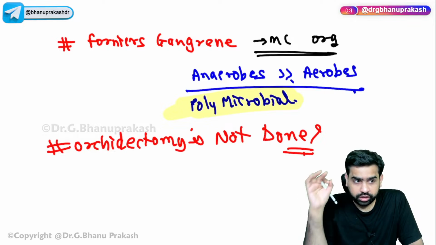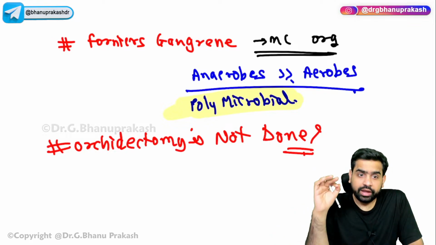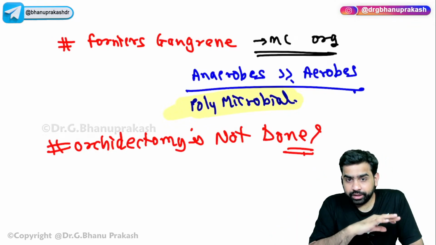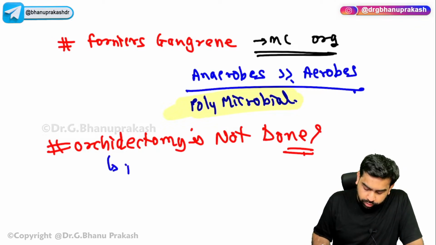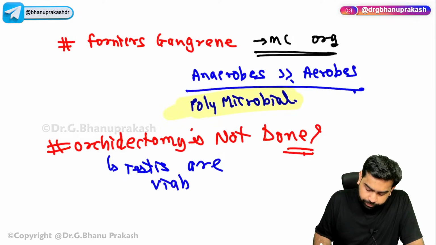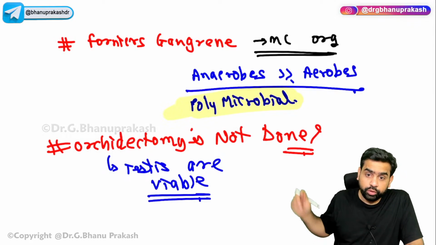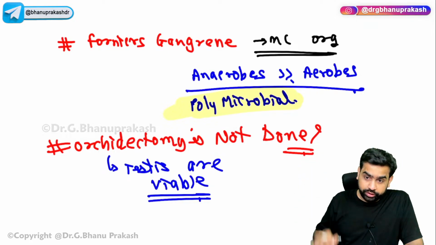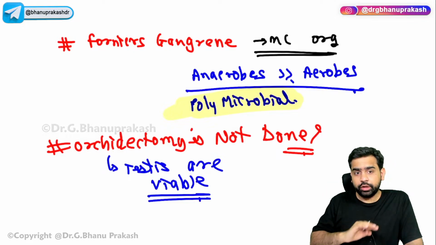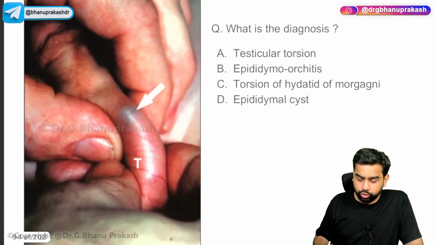The blood flow to the testes is directly coming from the aorta, and that is the reason why the orchidectomy is not done in these patients. I hope you have understood this point.